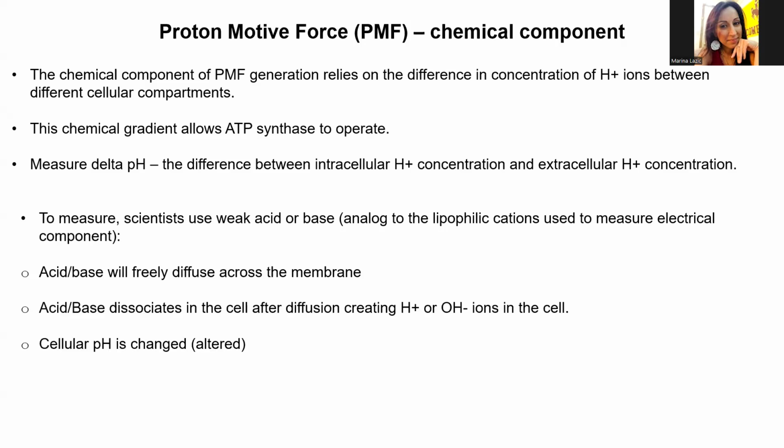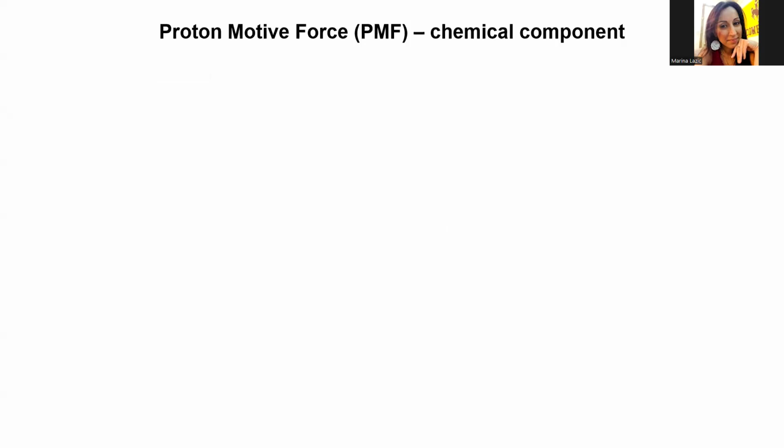Once the acid or base is inside of the cell, it will dissociate, and after it dissociates, it will create H+ and OH- ions inside of the cell. Based on those H+ and OH- ions, cellular pH will get changed or altered.